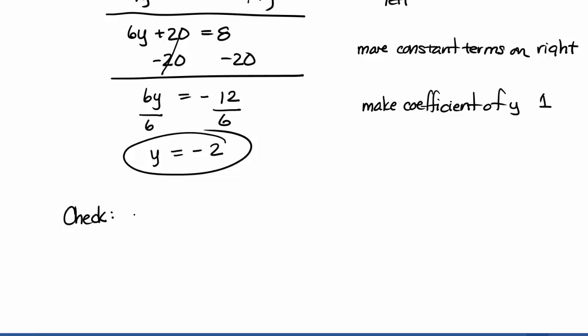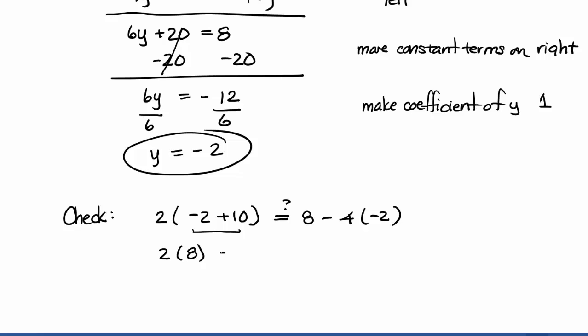If I plug it back into my original problem, 2 times negative 2 plus 10, does that equal 8 minus 4 times negative 2? Well, let's see, if I do this in here, I get 2 times 8. Does that equal 8 plus 8? Right, this is 16 equals 16, and sure enough, I think I got my answer correct.